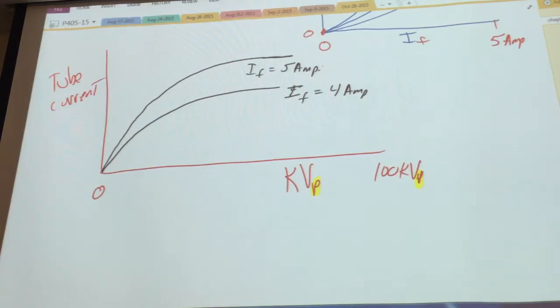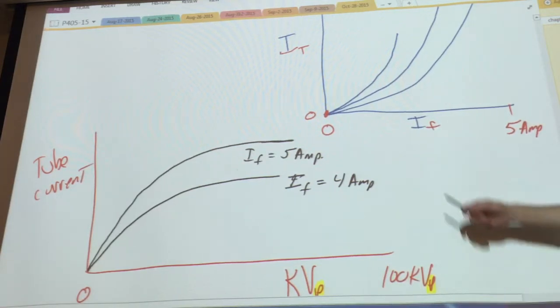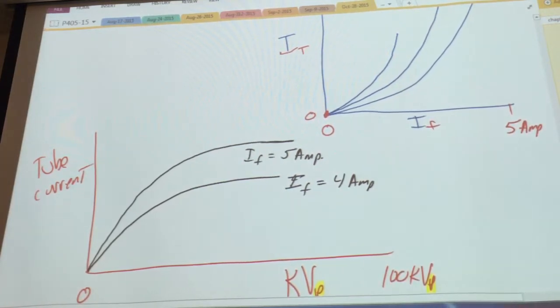If you want to increase the tube current, how can you do that? What can you do to boost a tube current and make it bigger? Lower the voltage? Well, let's take a look at this graph first of all. What can you do to make a tube current bigger?